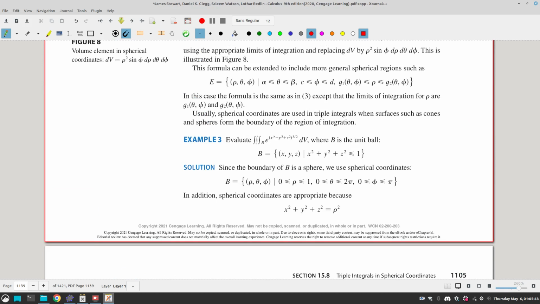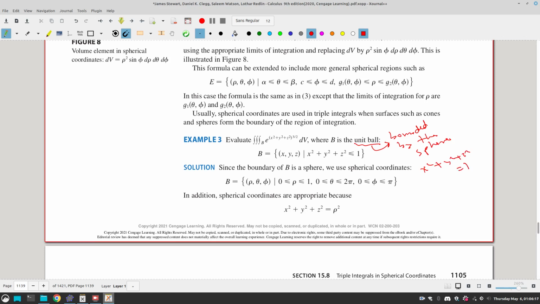We want to evaluate this integral, e to the x squared plus y squared plus z squared to the power of 3 by 2, where B is the unit ball, by which I mean bounded by the sphere x square plus y square plus z square equals 1.